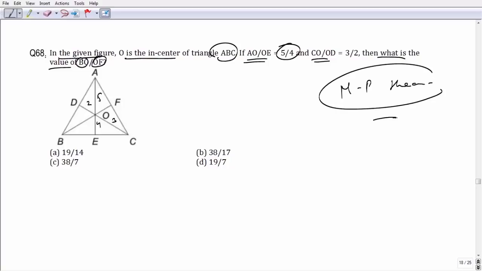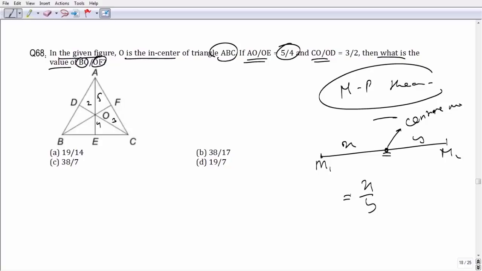Now, this is a simple application of the mass theorem that we use in physics, which says that about the center of mass, if we assume this to be the center of mass, then this center of mass is dividing the distance between the two masses, let's say m1 and m2, in the ratio x is to y, where x by y is always equal to m2 by m1.